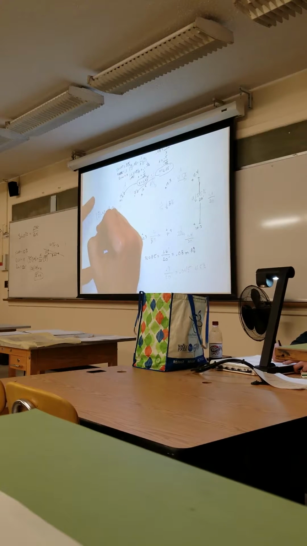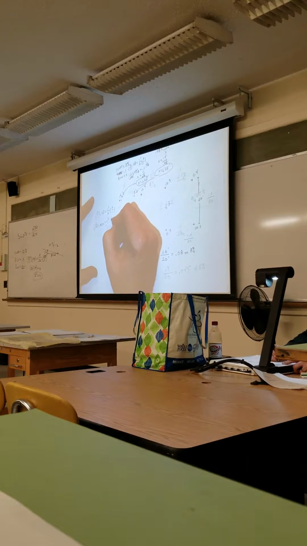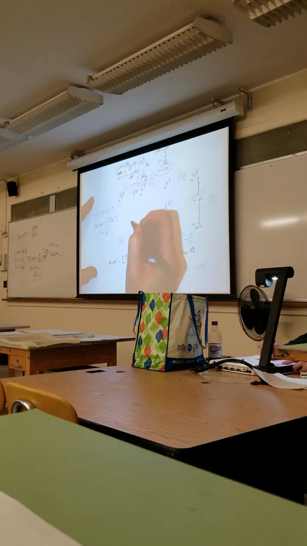Divide both sides by 0.03, so x is equal to 0.1 divided by 0.03, which is equal to, anyone? 3.3 bar.